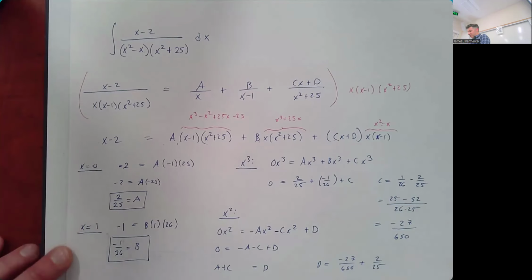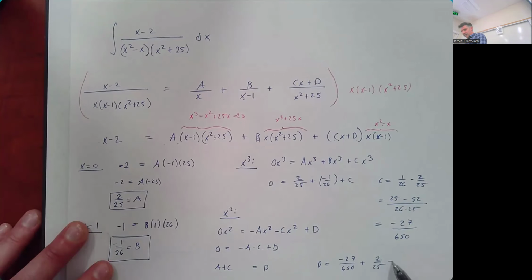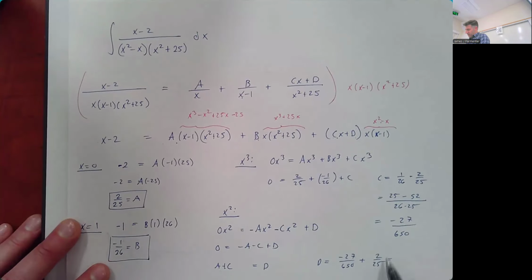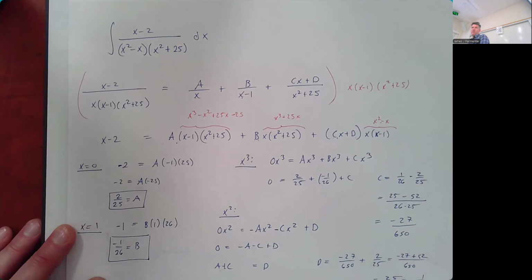I feel like d is the same as b somehow, or d is the opposite of b. If you multiply this by 26 over 26, you would get negative 27 plus 52 all over 650, which is 25 over 650, which is 1 over 26. So it looks like b and d are opposites of each other, which we could probably find out in some other calculation if we move along here.